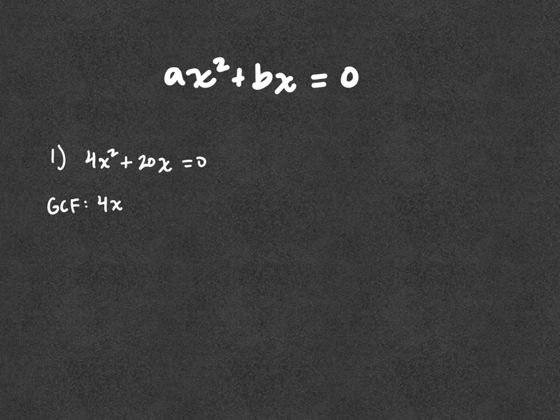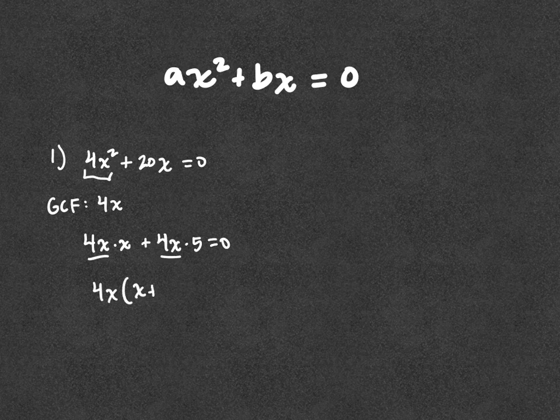And what I mean by that is if I take a 4x out of 4x squared, I'd have 4x times x. And if I took a 4x out of 20x, I'd have 4x times 5. Now what I can do is take that 4x and factor it out of those terms and be left with the following expression and equation.